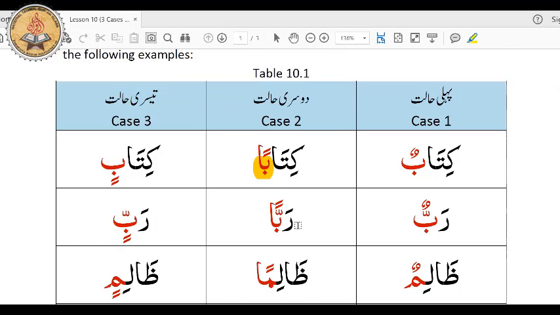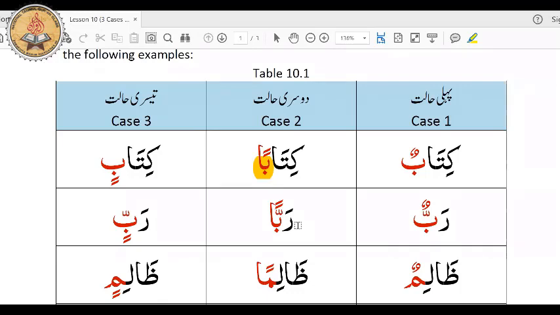Rabbun means a Lord, Rabban a Lord, Rabbin a Lord, or attribute of Allah the Almighty. But remember, the word Rabb is also used for human beings. But if we say Al-Rabb, it refers back to Allah, the attribute of Allah. Some attributes have been used by human beings as well.